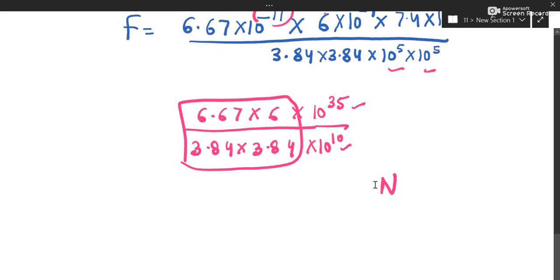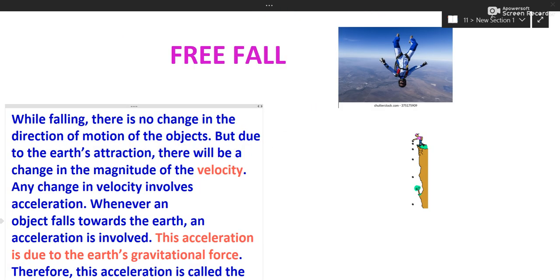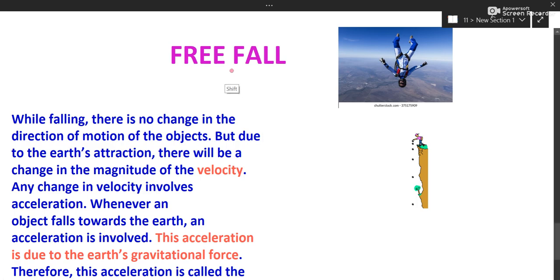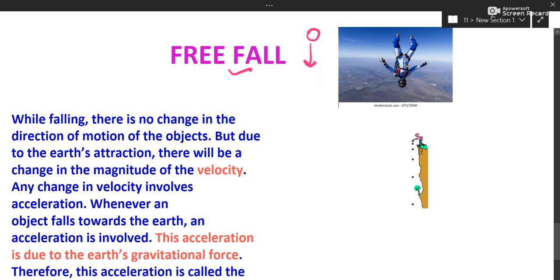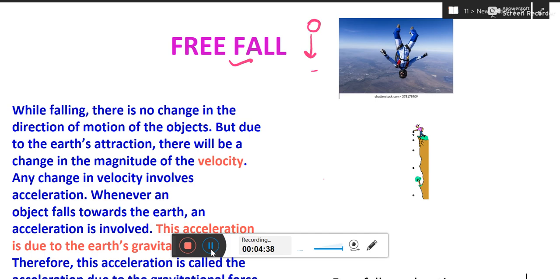Let's get to the next topic, which is acceleration due to gravity and free fall. So children, what is free fall? When an object falls freely under the action of gravity alone, nothing else, only gravity.